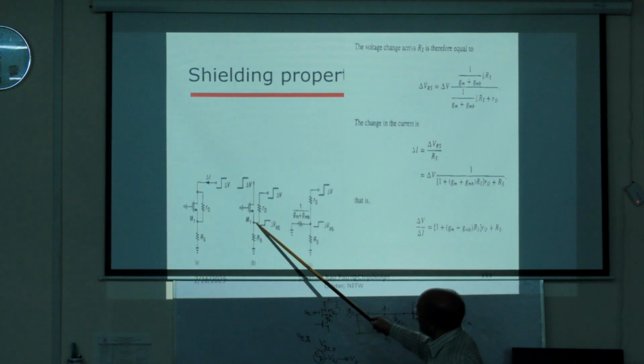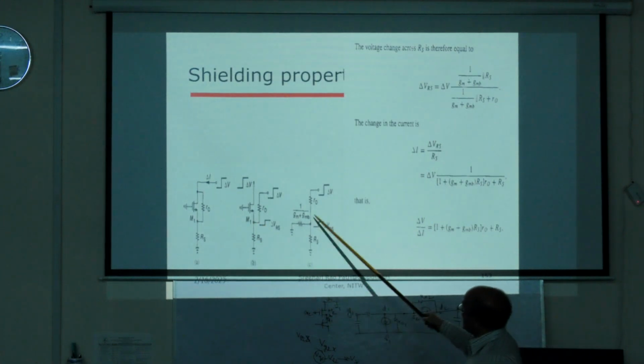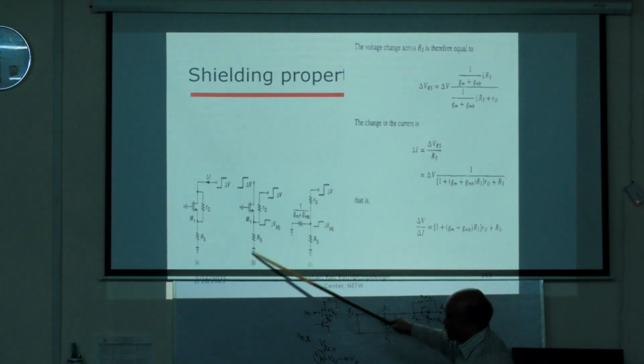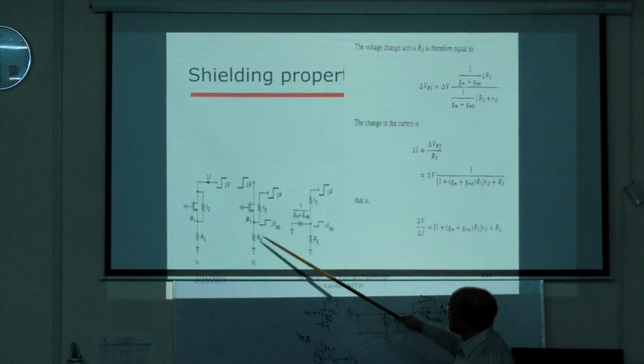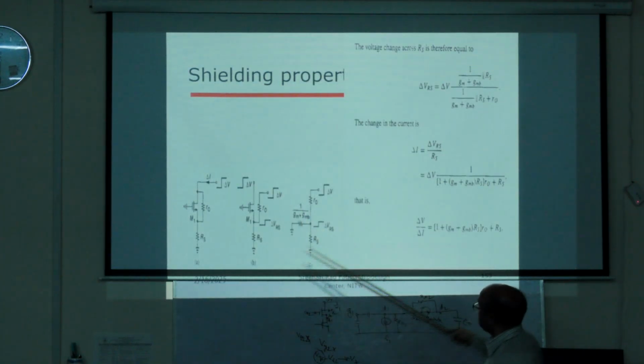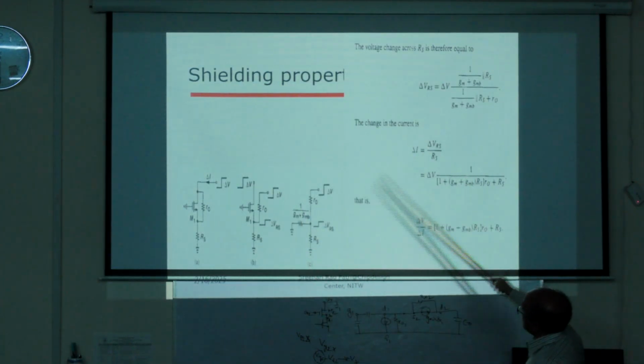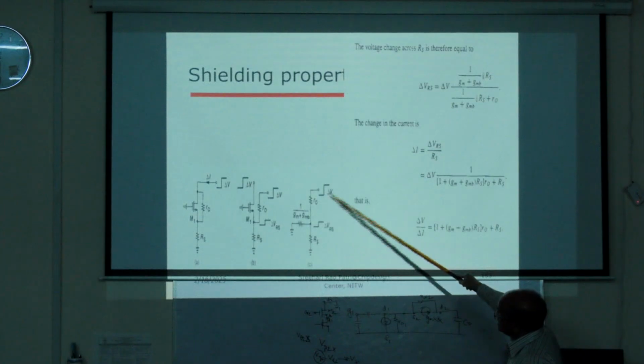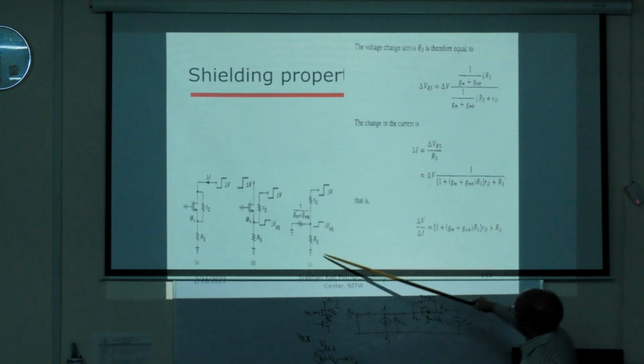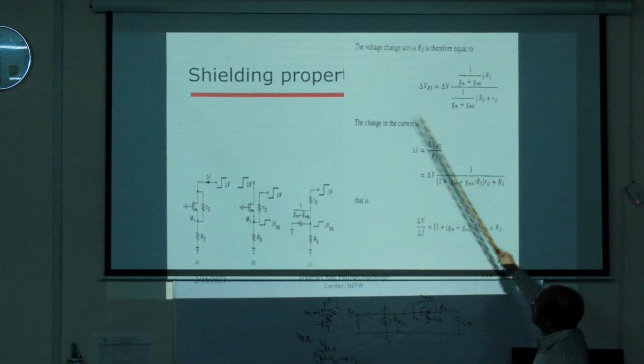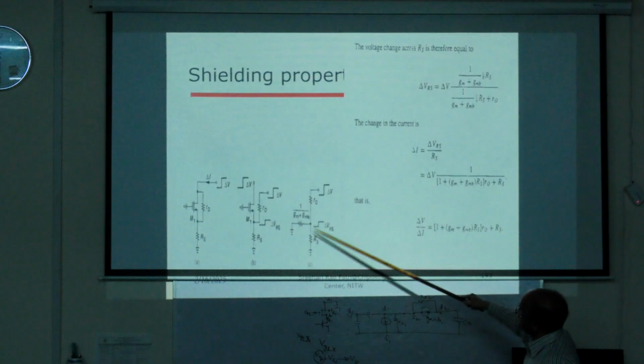So this is simply 1 by (gm plus gmb) and grounded, and this is R0, this is delta V, and this is delta VRS, right? Delta VRS is the voltage drop across the resistance RS in response to the change. Now, so delta VRS, what is this voltage here? If there is a change here, delta V, what is delta VRS we want to evaluate? Delta VRS is equal to delta V multiplied by, where is delta V?